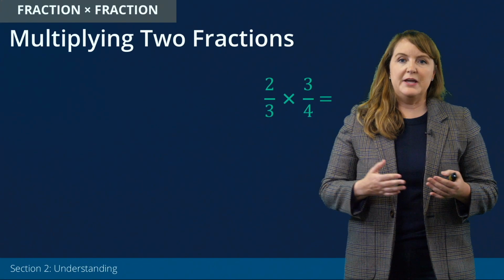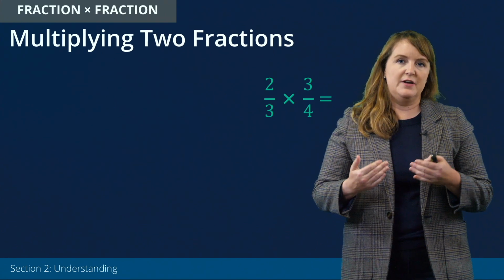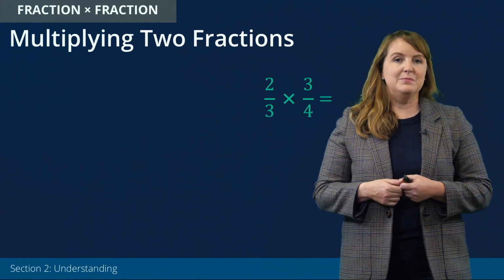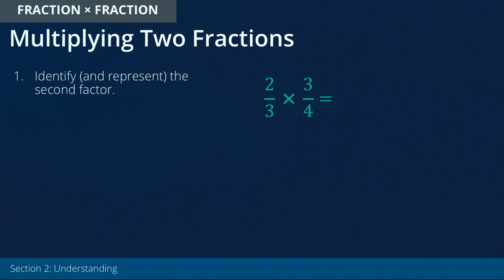Now some people like to use arrays to help students understand multiplication of two fractions. Let me show you an example for this problem, 2/3 times 3/4. So the first thing I'm going to do is identify and represent the second factor.